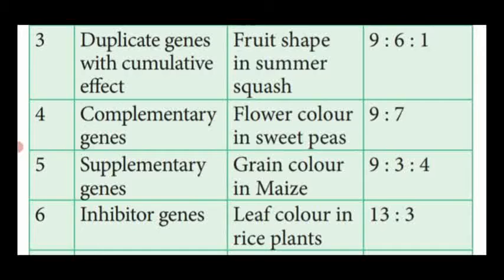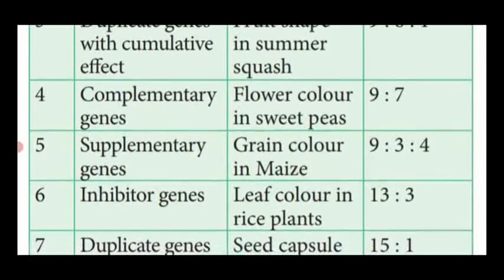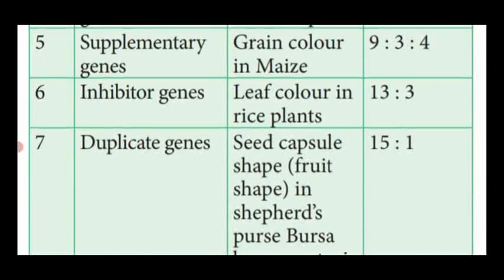Then the complementary gene of flower color in sweet peas, the ratio is 9:7. The supplementary gene in grain color of maize, ratio 9:3:4. Then the inhibitor gene, the leaf color is 13:3 in rice plant.